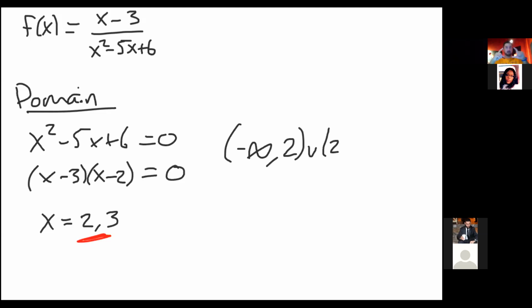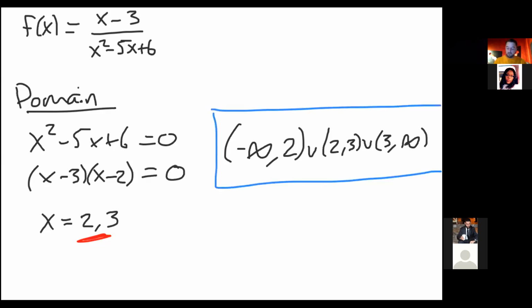Remember, that's what those open parentheses mean. I can get as close to 2 as I want, but not actually hit it. Then I keep going until I hit my next trouble point, which is 3. I get as close to 3 as I can from below, skip over it, and get as close to 3 as I want from above. And then after that, I just keep going. So this is what my domain is going to be.